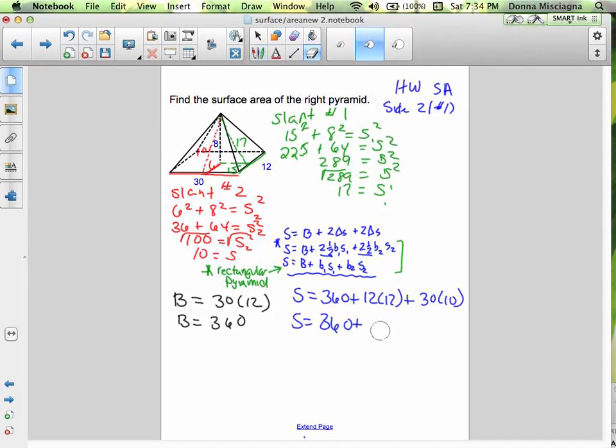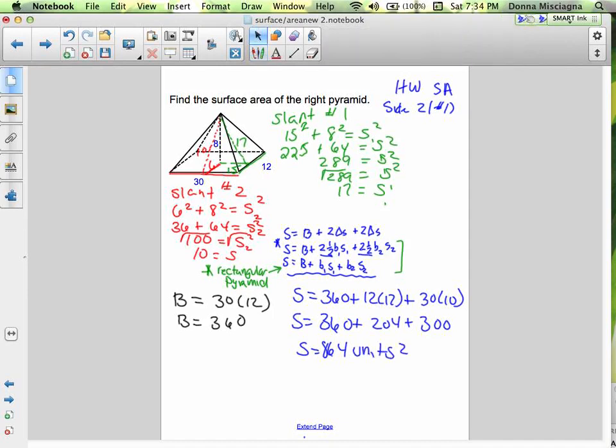My 17 looks kind of 12-ish. 12 times 17 is 200, I should use a calculator for this, 204. So 204 plus 300 is going to give us 864. 864 units squared.